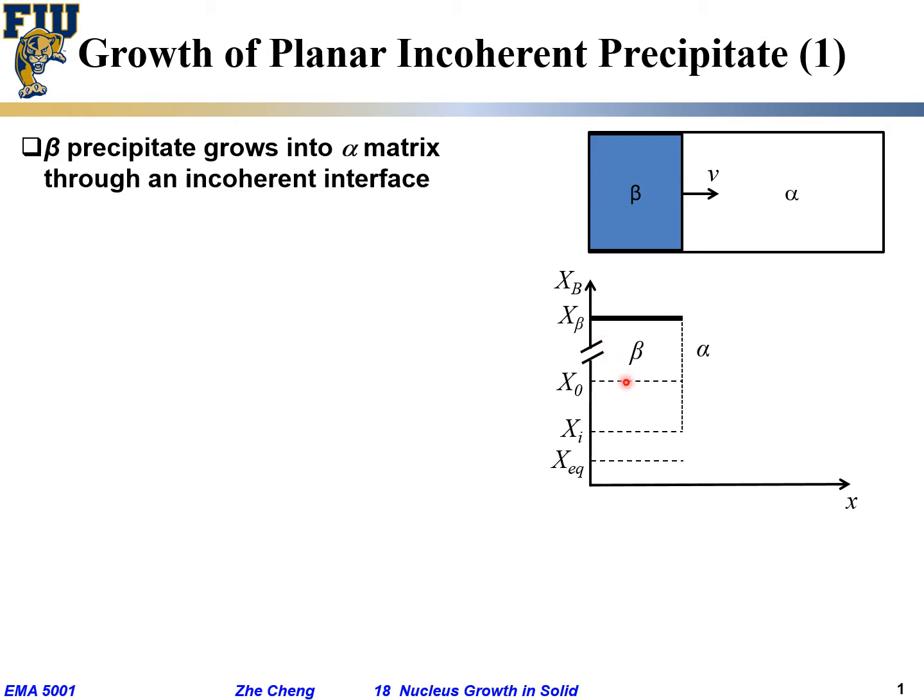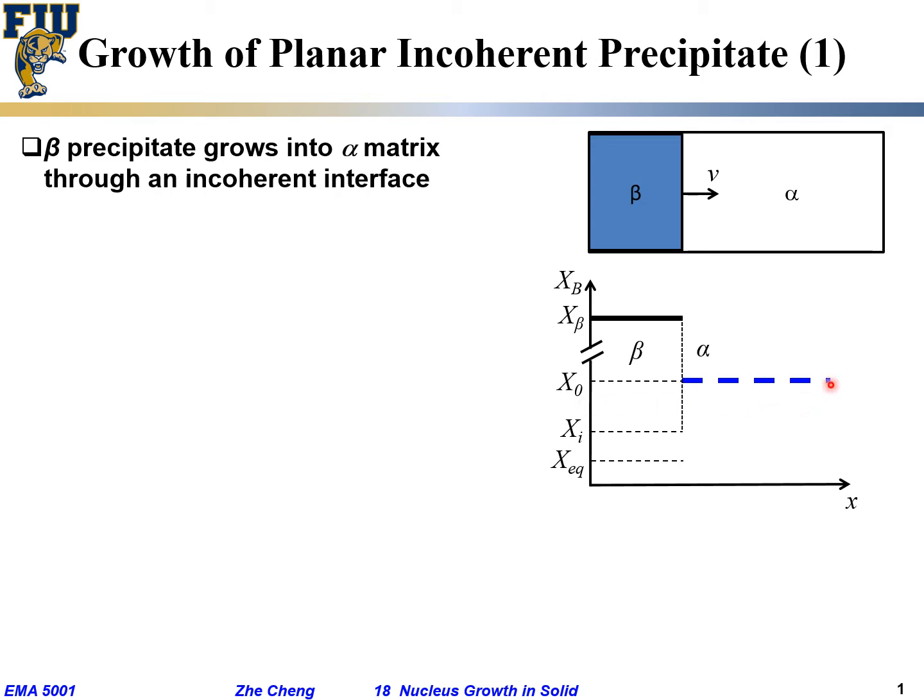Okay, within the precipitate beta, the concentration is fixed, and within the host or matrix of alpha, the concentration may have different scenarios or change with location. For example, the concentration within the alpha matrix may be flat and be the constant of the original concentration x0.